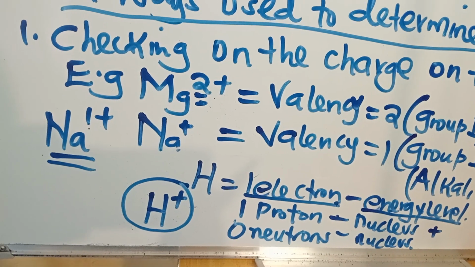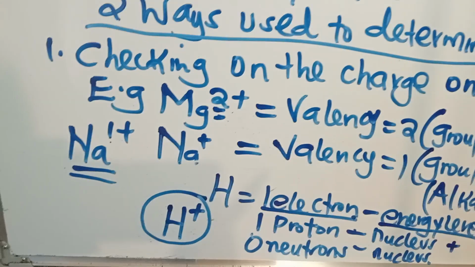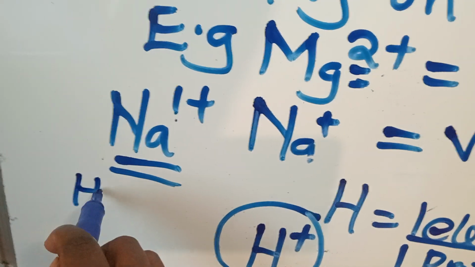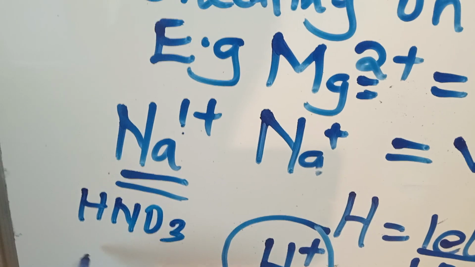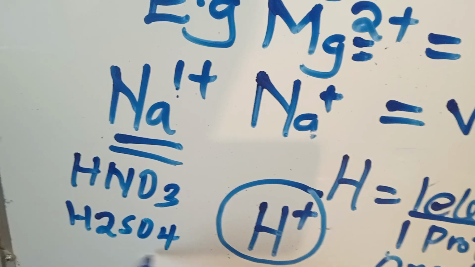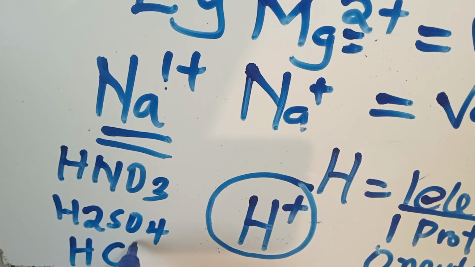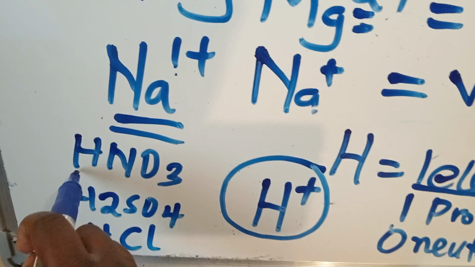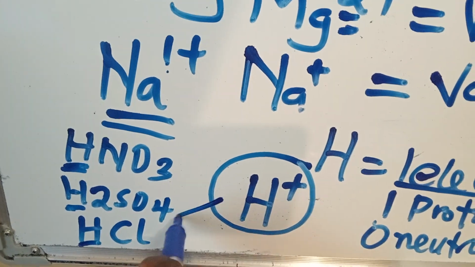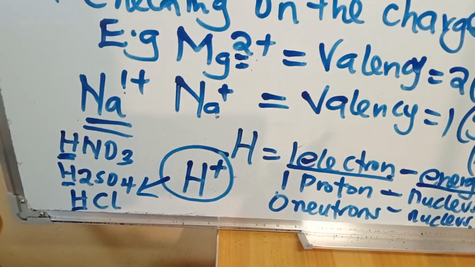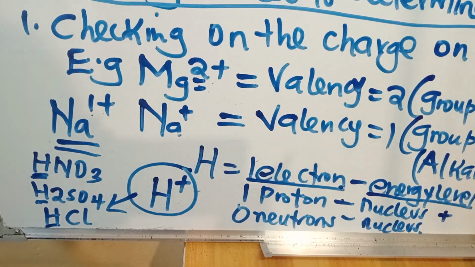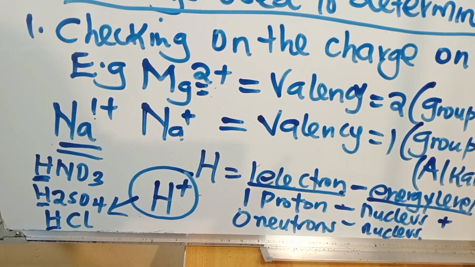For example, when you are writing formulas of different acids, the common acids like nitric acid, sulfuric acid, hydrochloric acid, you see hydrogen is on the left hand side. That is when hydrogen is behaving like a group 1 element. In the formulas, it will only be written on the left hand side.